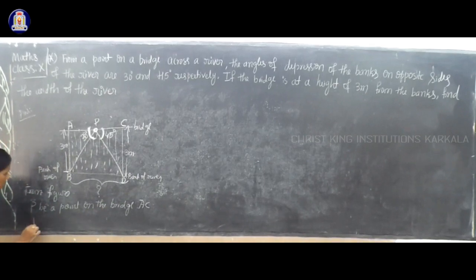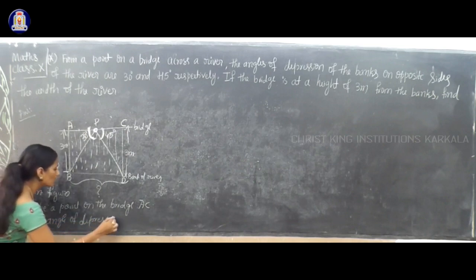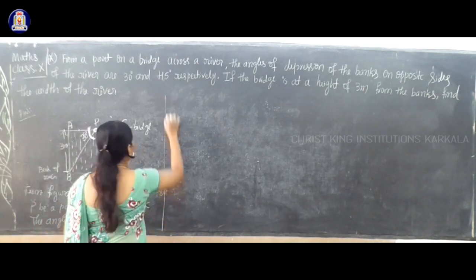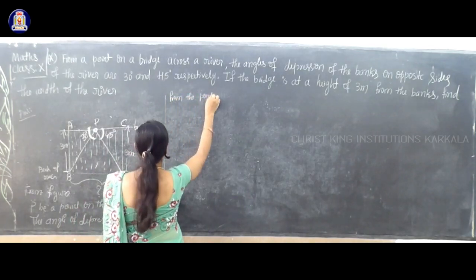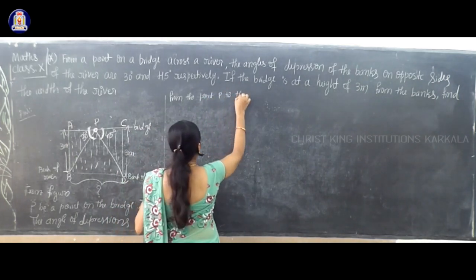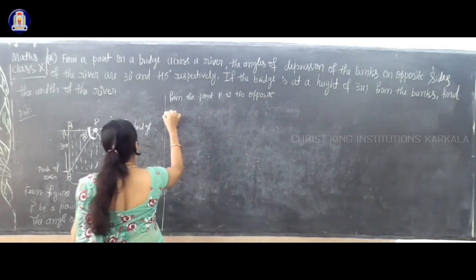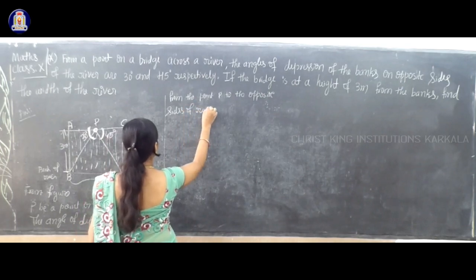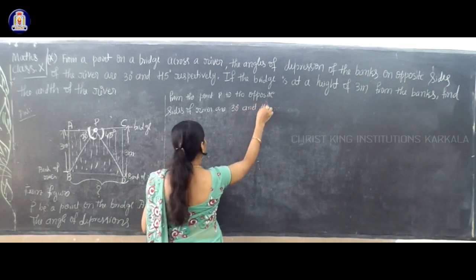Next, the angles of depression from the point P to the opposite sides of a river are 30 degrees and 45 degrees.